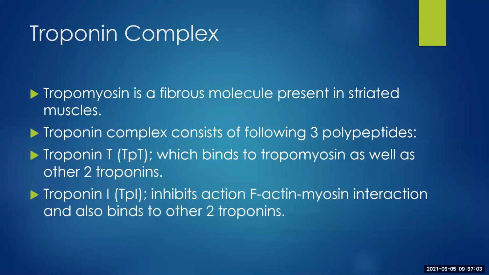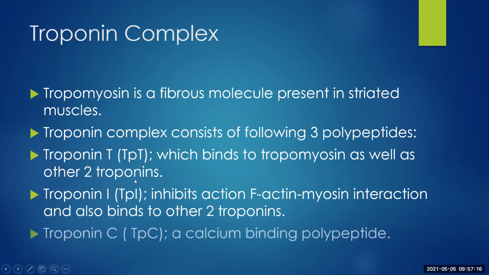Troponin I or TnI inhibits the action of fast-acting myosin interaction and also binds to the other 2 troponins. Troponin C finally, TnC, is a calcium binding polypeptide.